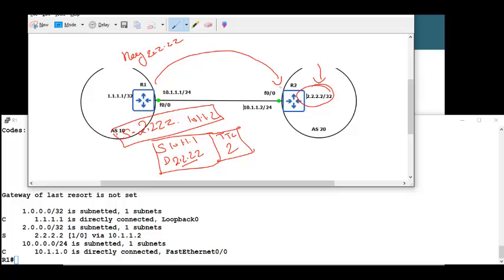Now what is the neighbor address you configured here? 1.1.1.2. But the incoming packet is not matching with the neighbor statement. So what should I do? Tell me. If I want to match the incoming source and the neighbor list, what should I do?